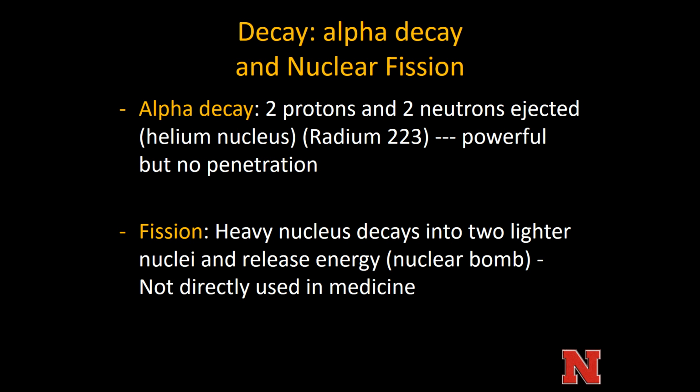Alpha decay is very powerful, but it has no penetration, so that's the reason why radium-223 works: it delivers all of its decay energy locally, within millimeters around where it lands, which is in bone. That's its biodistribution. Again, kind of a calcium mimic. It doesn't go to other places, so it doesn't have the radiation side effects because it doesn't end up landing in, like, the mucosal surfaces of your mouth or something like that.